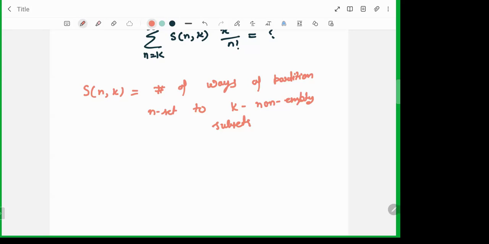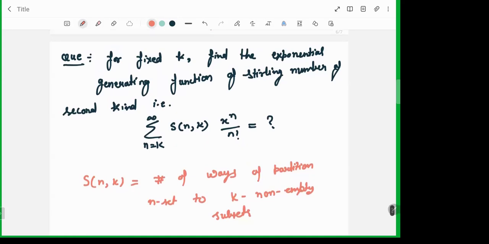So solution. We have to find the exponential generating function for the Stirling number of second kind. So k is fixed.